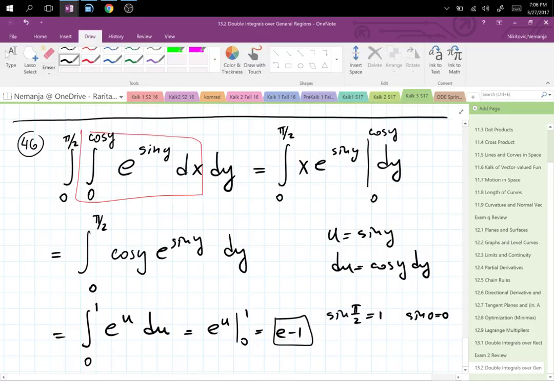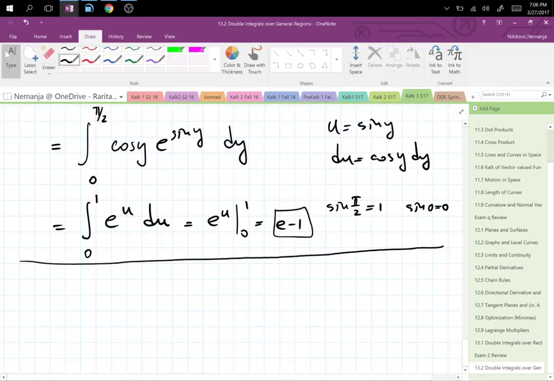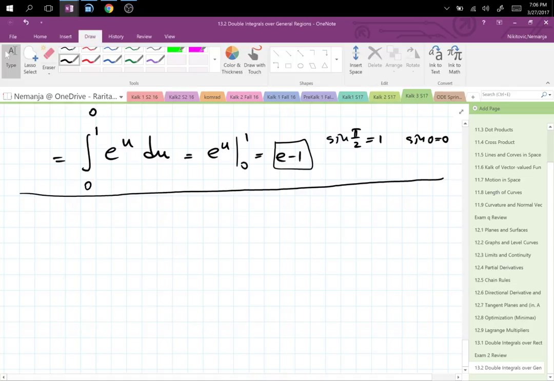So the answer is e minus 1. That is the volume of the shape. Now you can go to Mathematica and graph this. You will graph e to the sine y on a 3D plot, and you will see how it looks like. Then you can also turn it in space and check out the whole thing.